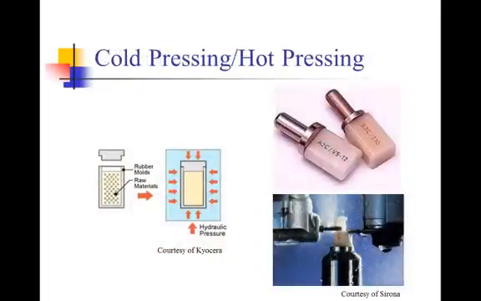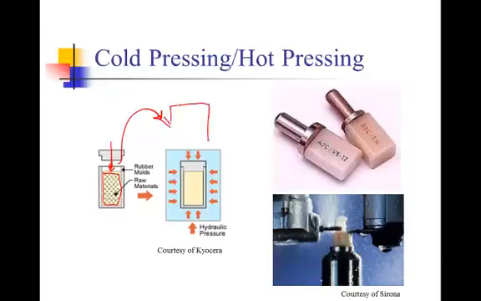Okay, so the second method that we mentioned for shaping a slurry is pressing. We call it cold pressing if we press at room temperature and then pack the powder slurry into a mold, put a cap or a plunger on top of there and apply some type of force at room temperature, and then remove the object from the mold and place it into a furnace.